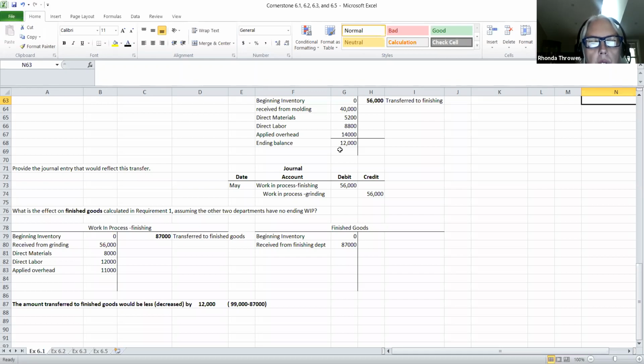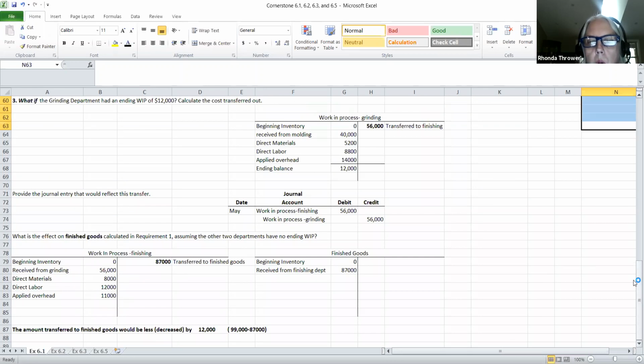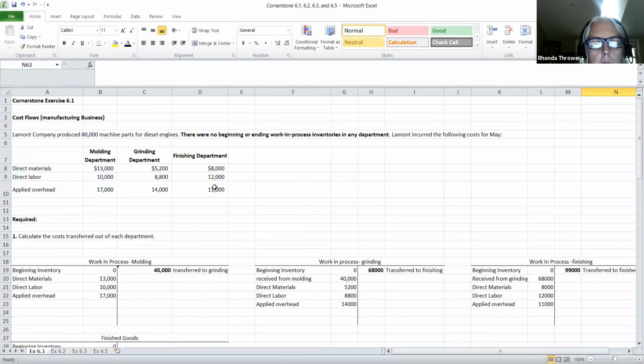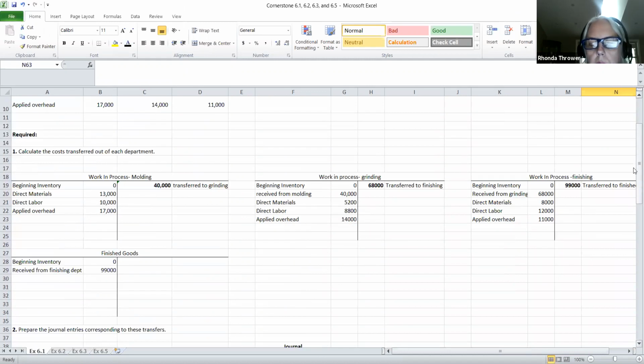And they're wanting you to show how that would affect your finished goods. Well, what would happen is in the finishing department, which is the next department that we would transfer this $56,000 to, do you see that we received in from grinding $56,000 this time? The materials, labor, and the overhead were the same thing that they showed us from up above, right here in the finishing department.